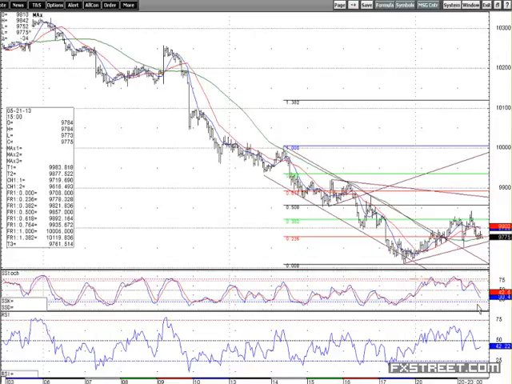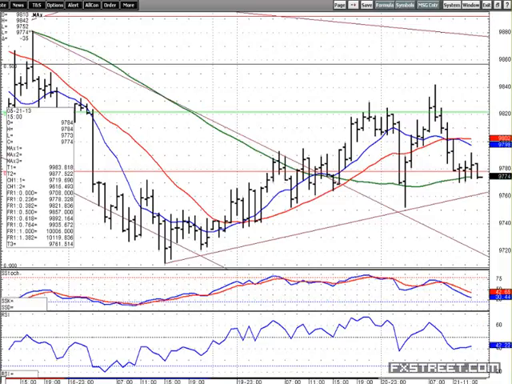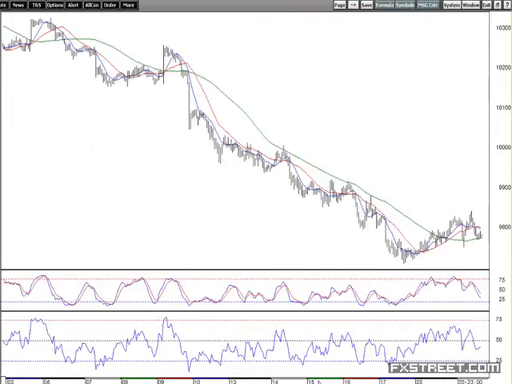And you can do it, you really can, as can be seen over here. It's just a matter of looking at it every day. Look, high, stochastic high, higher high, stochastic not so high, we are on our way lower.